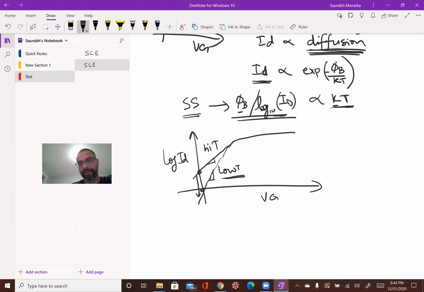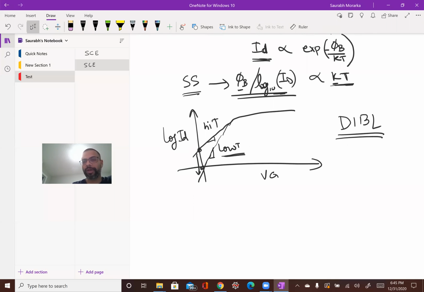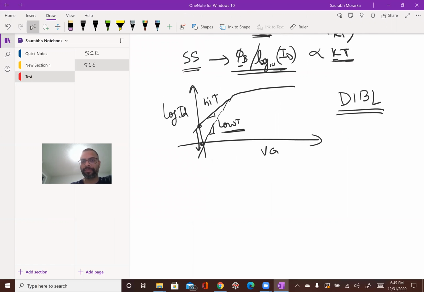It's linearly dependent on temperature, and it's a very good metric. However, if you look at the DIBL effect, there is no real direct correlation of temperature with DIBL. It could go up, down, or not change. There is not a huge dependence because DIBL is the difference between the two drain voltage cases, and that's why it's not a sensitive metric for temperature.